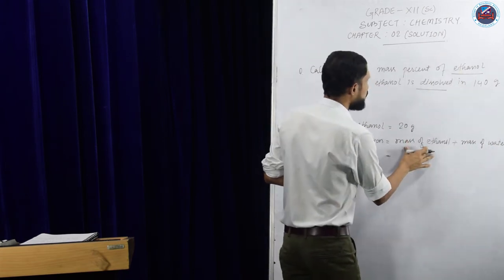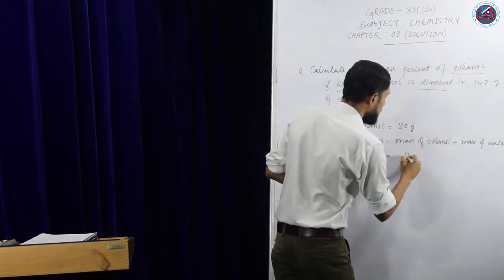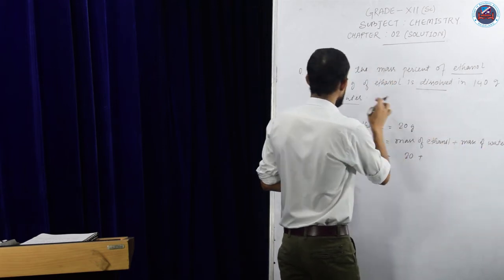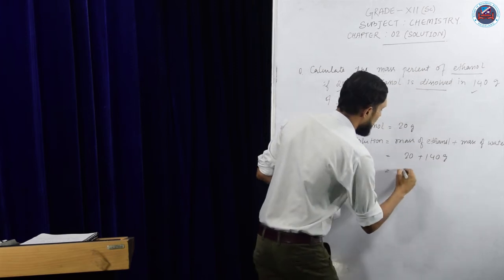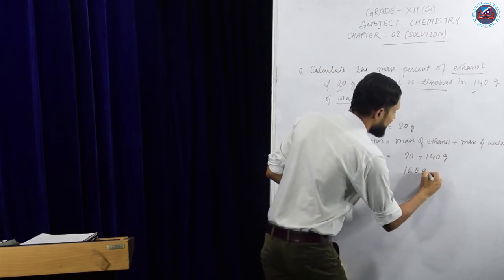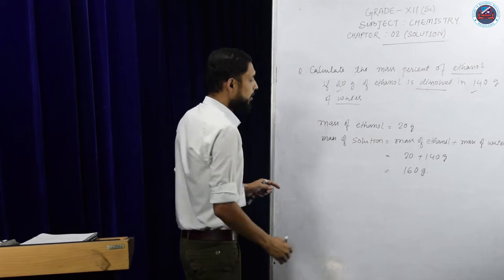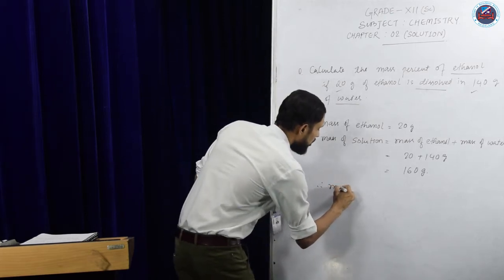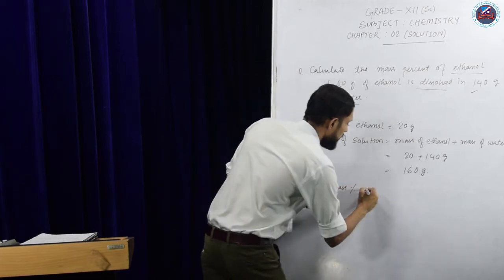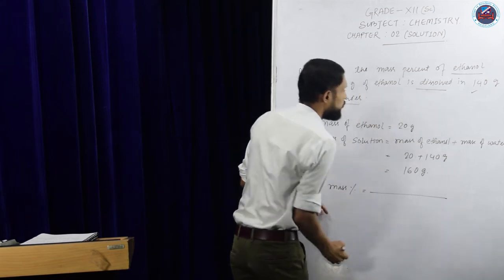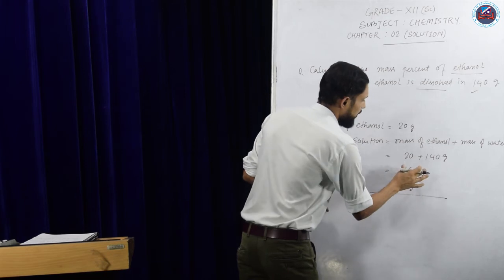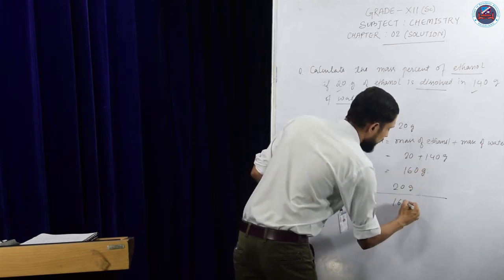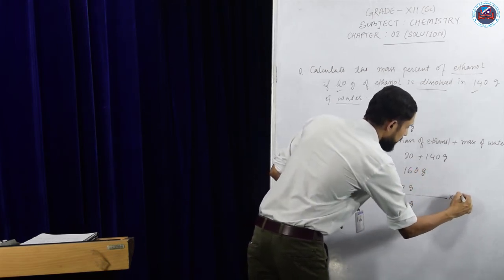So it's given mass of ethanol 20 gram, mass of water is given 140 gram. Therefore the mass of solution is 160 gram. So therefore mass percent is equal to mass of solute, that is 20 gram, divided by mass of solution, that is 160 gram, multiplied by 100.